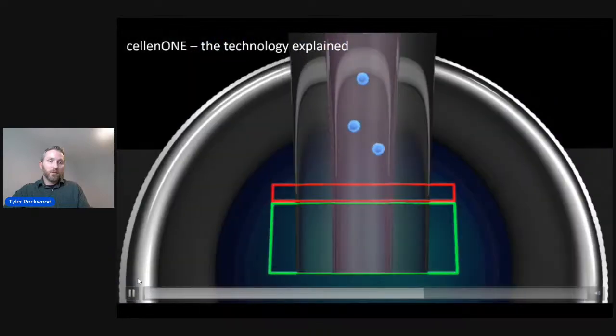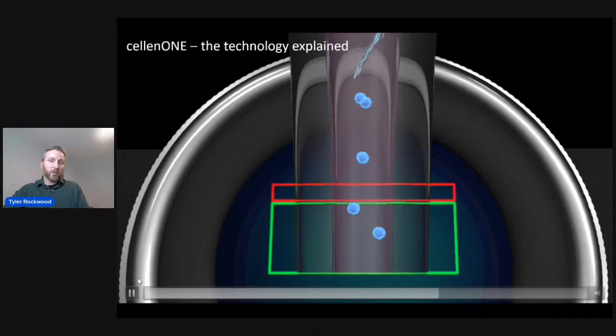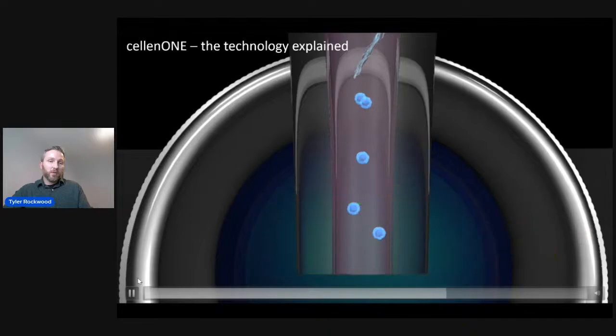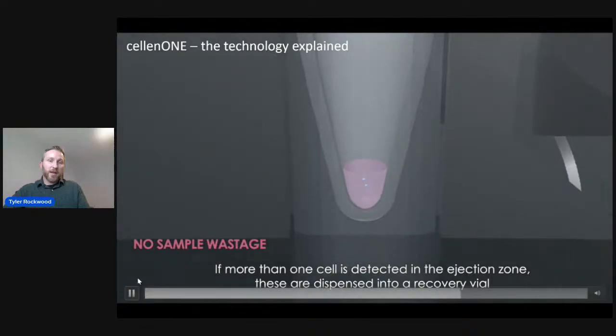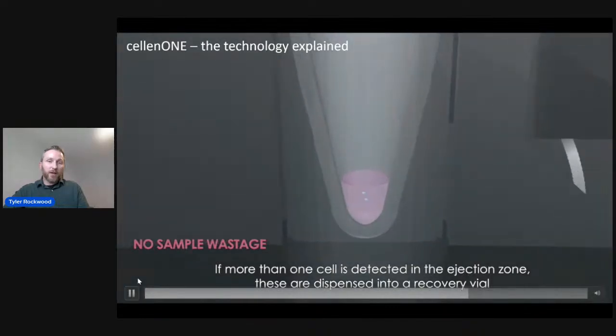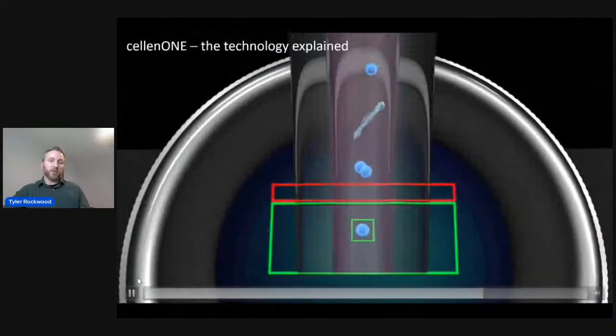Now, each image is being analyzed, and so when a particle is detected, if there are multiple particles, it will not dispense, and it'll send that down into a collection vial. So if this is a particularly valuable sample or something that you don't have a lot of, you can take and reuse those cells.